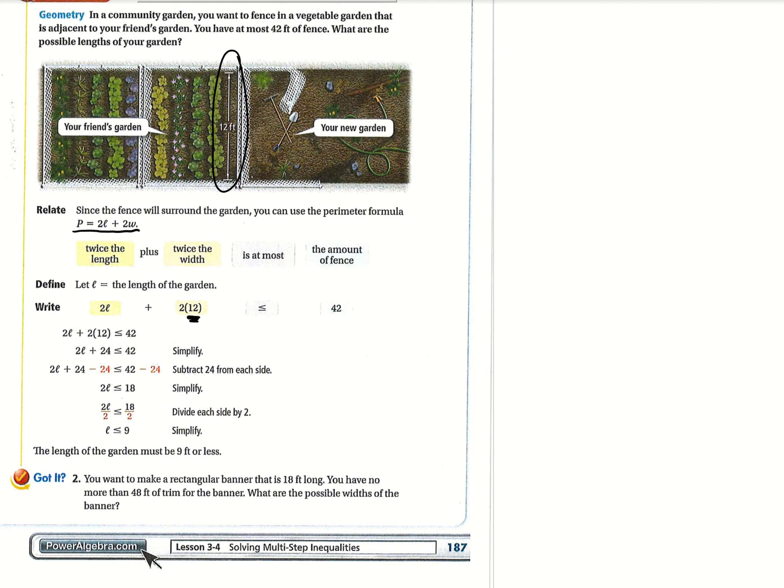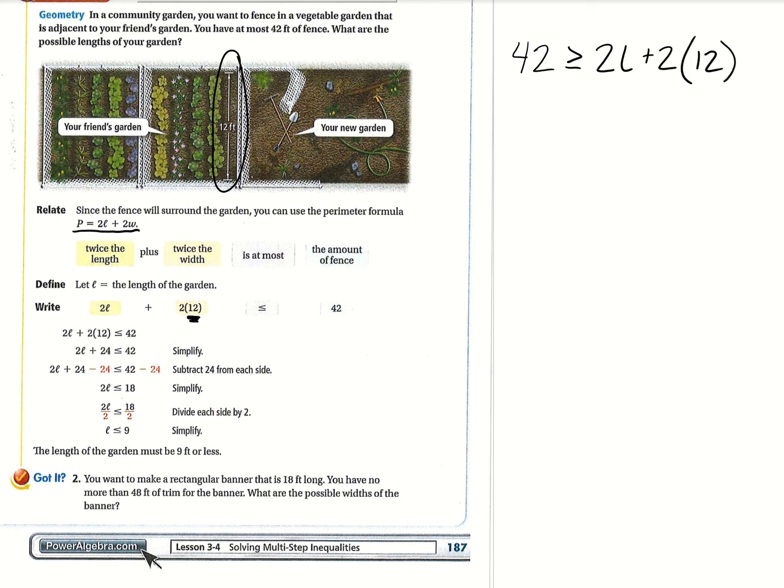So to write this, we have the perimeter, which is going to be equal to the most fence that we can use, so 42, is going to be greater than or equal to 2L plus 2 times 12.